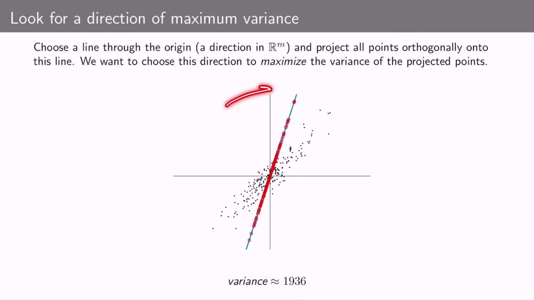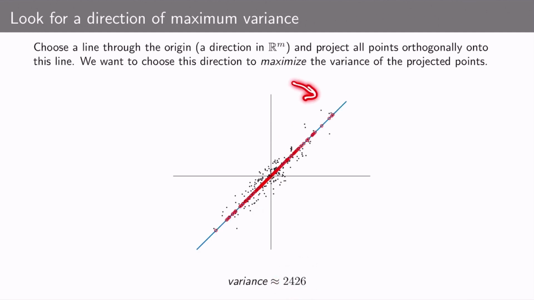If I tilt the line some more, I see still greater spread of those red circles, a variance of 1,936. Tilting the line a little more, I find that I've maximized the spread of these projected points. I am at maximum variance. If I continue to tilt this line, I'll find my variance goes down. PCA will find this direction of maximum variance for us.